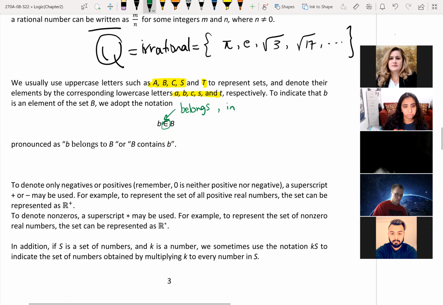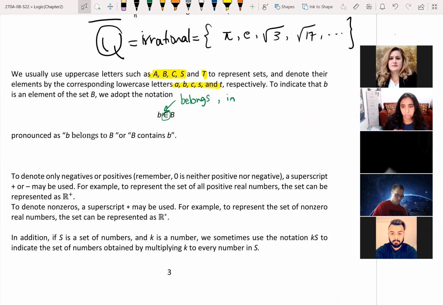Okay. There are other notations. If you want to maybe just mention all real numbers, only the ones that are positive or only the ones that are negative, use the notation. You see, if you want to say you're having all positive real numbers, you put the R for the real numbers, and the top or the power is the positive.